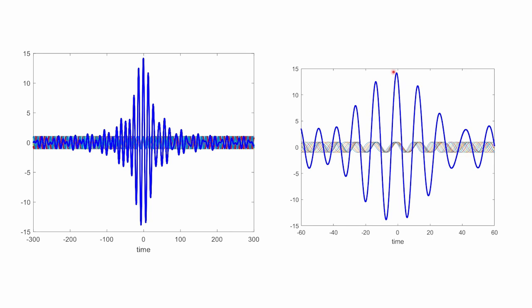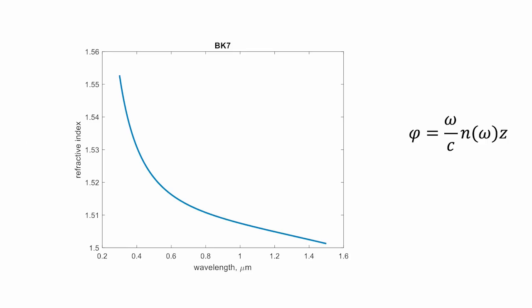On the left, you will see it in a different time scale. What's important is that if you want the shortest possible pulse with the highest intensity, you need all the frequency components that synthesize your pulse to be in phase at a given point in time. And then they interfere destructively elsewhere, and that's what builds the short pulse.